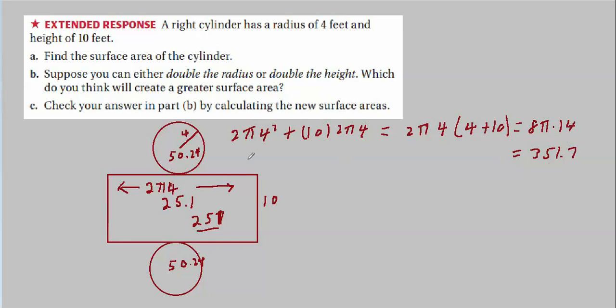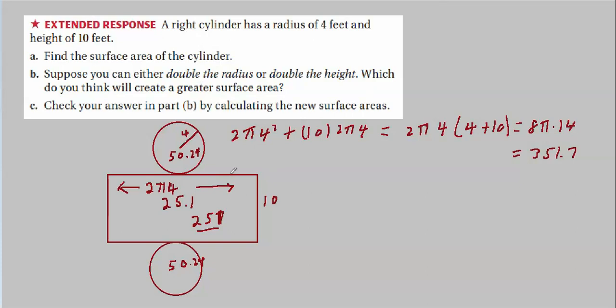Next question. If you can double the height or double the radius, which will create a greater surface area? Well, doubling the height would double the surface area of this rectangle.